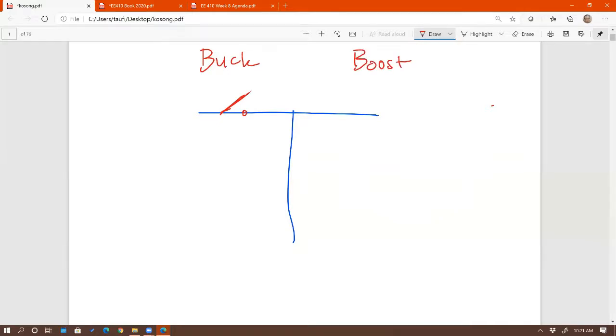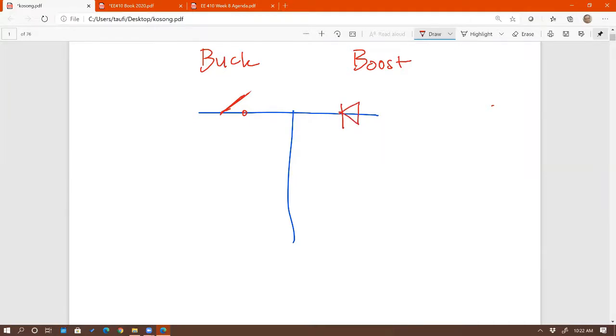You know that boost is the opposite of a buck, and for a boost, the output is a diode, except now the diode is backward for a buck boost.